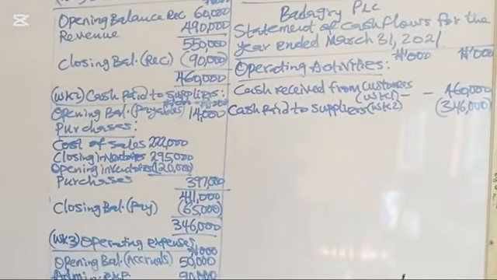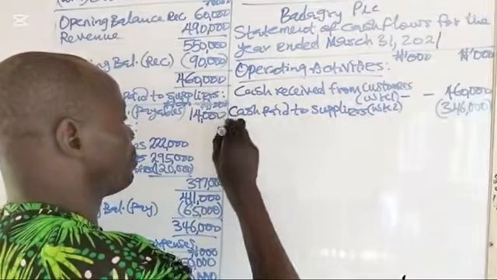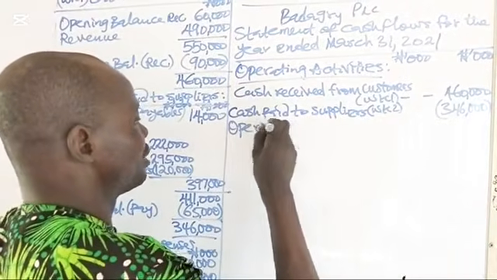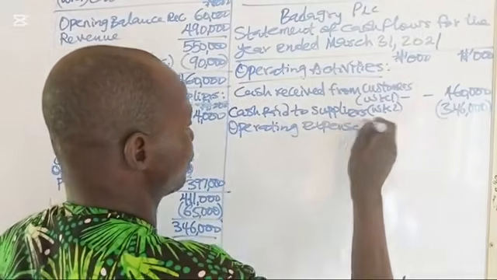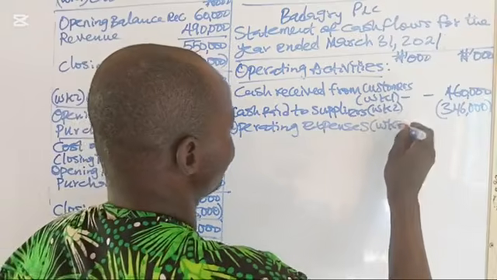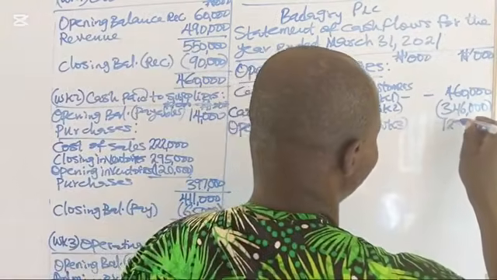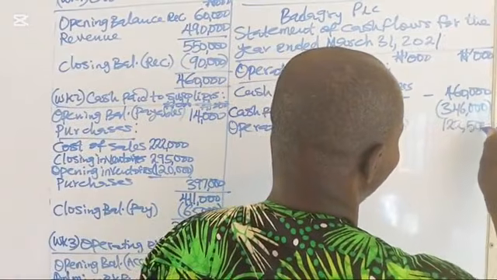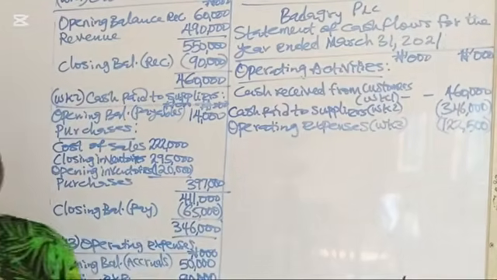We have operating expenses. That is working number 3. 122,500. So, hope you are getting it.